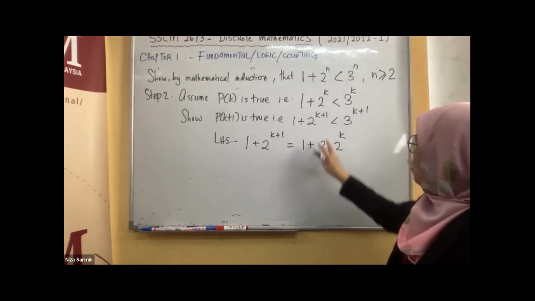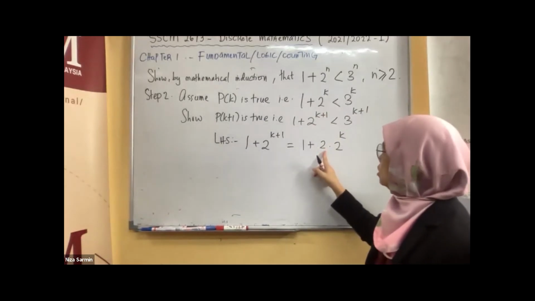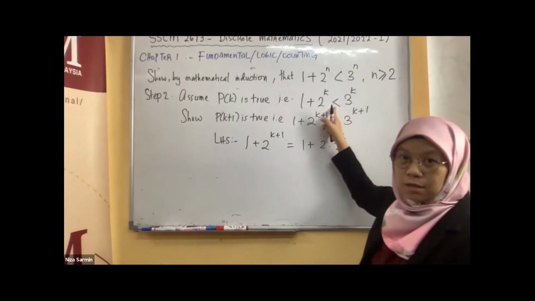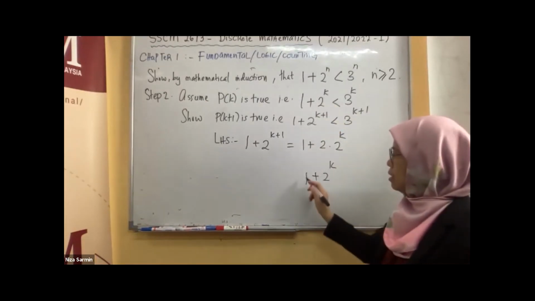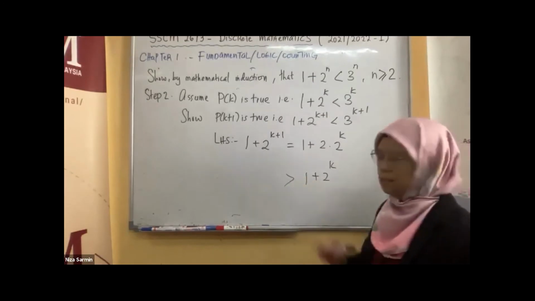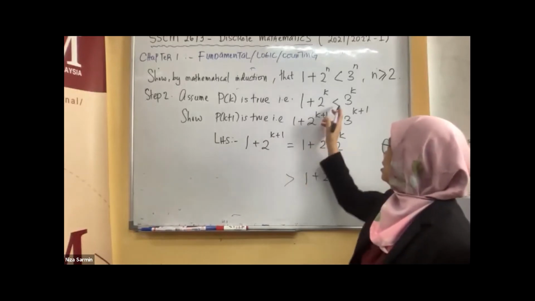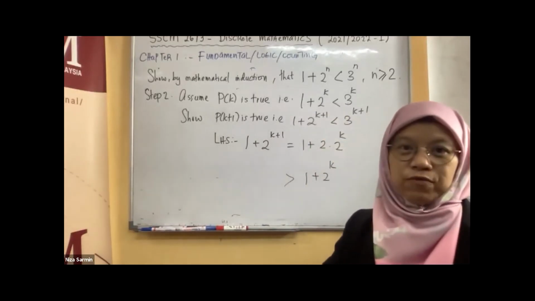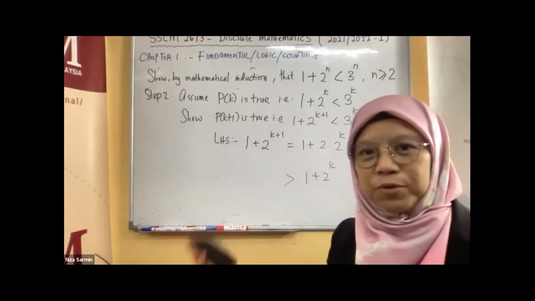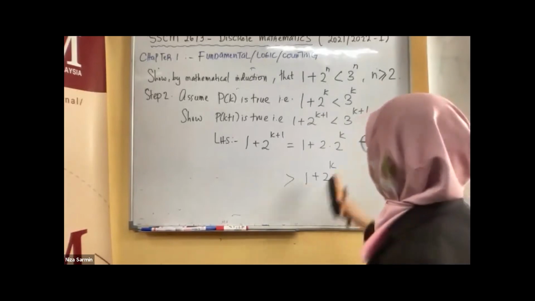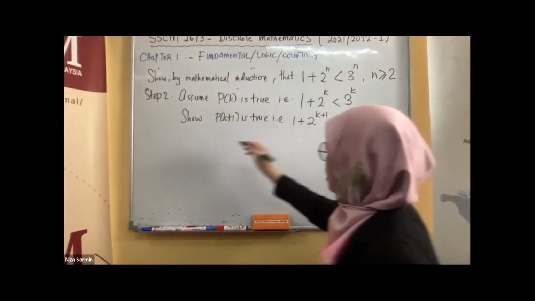From here, I want to replace, but there is a 2 here. And you want this to be less. If you want 1 plus 2 to the k here, it's actually bigger, but I don't want bigger, I want less. So let's try to do it from the right side, going from right to left. This one cannot work, so you take the right-hand side.